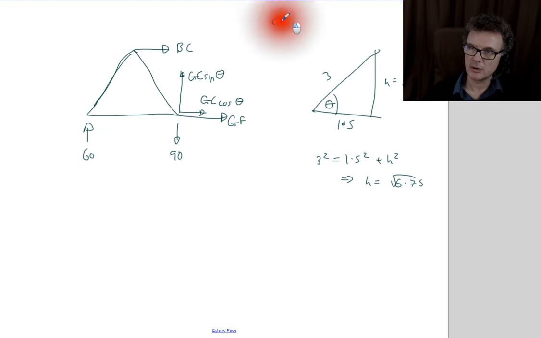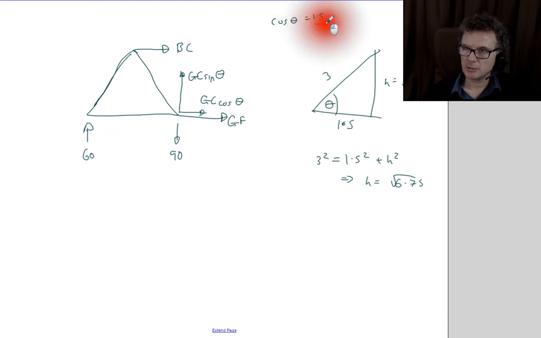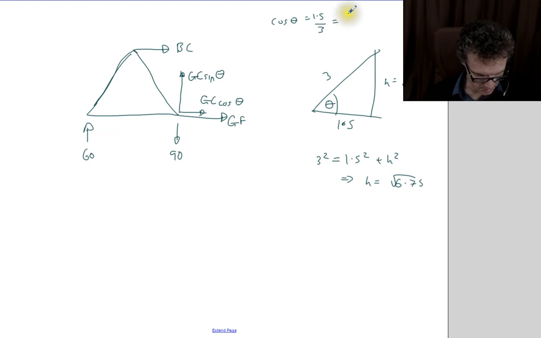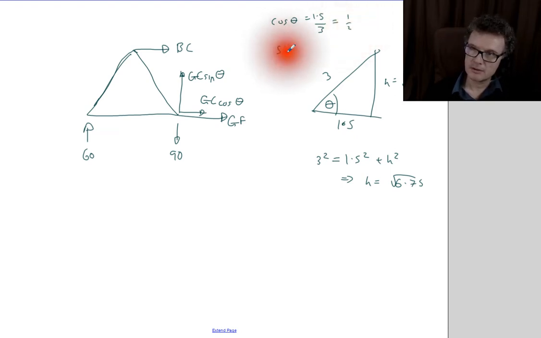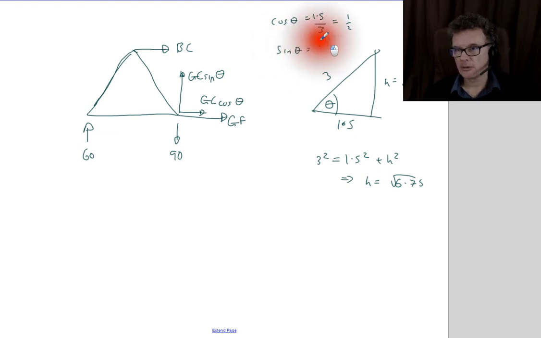So cos theta is 1.5 divided by its hypotenuse, which is 3. So that will be a half. And sine theta will be root 6.75 divided by 3.